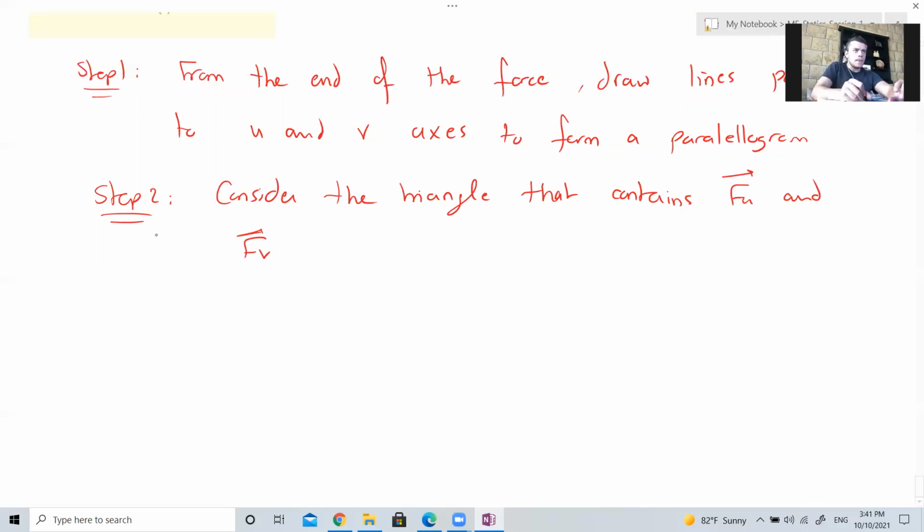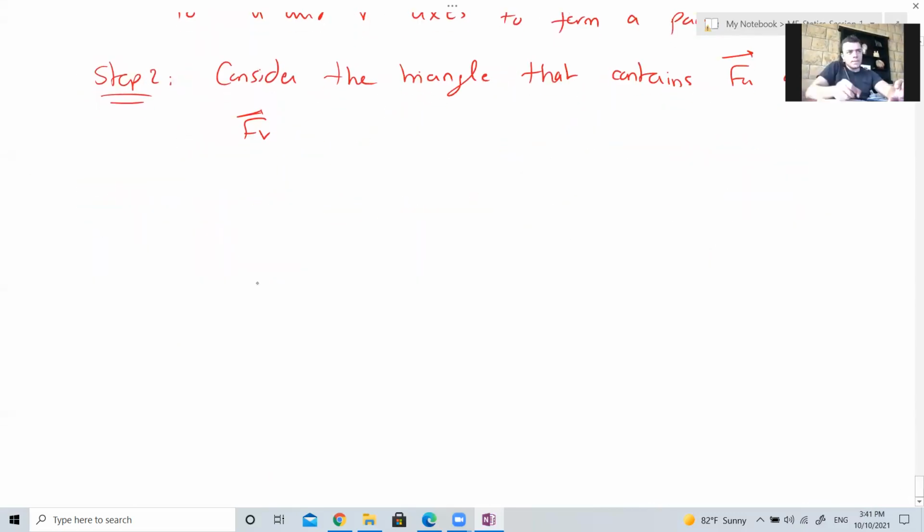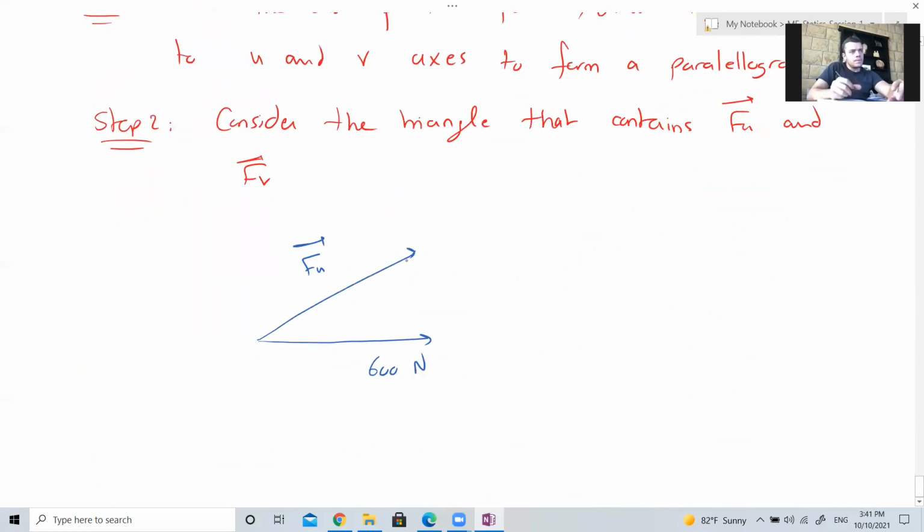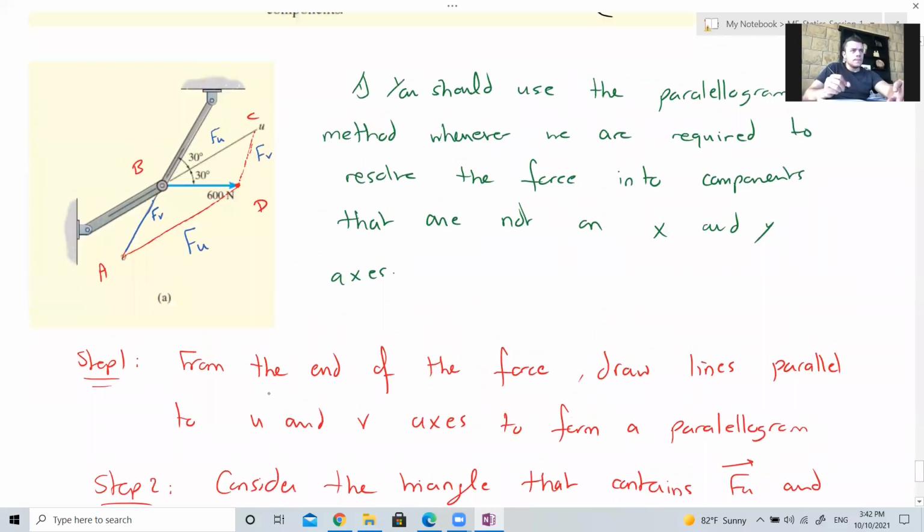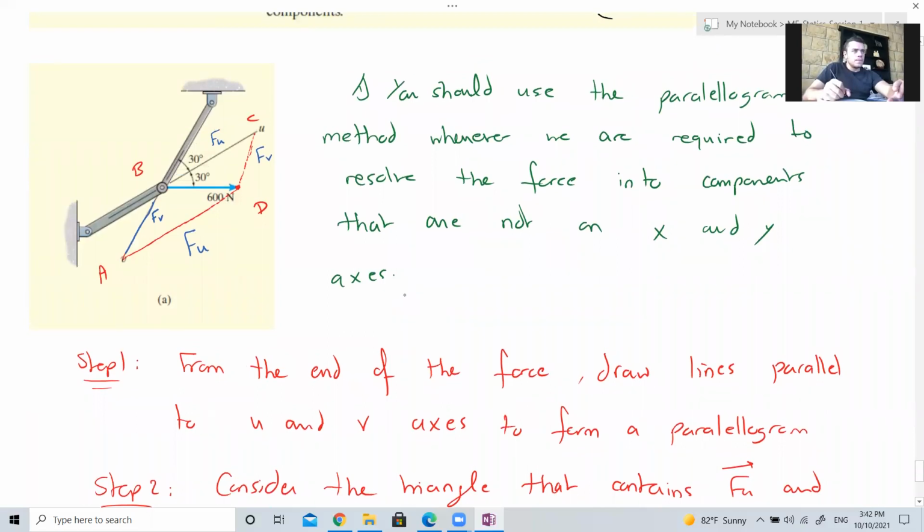This is 600, this is FU, this is FV, and this is 30 degrees. What is this? Can you tell what this is? 30.